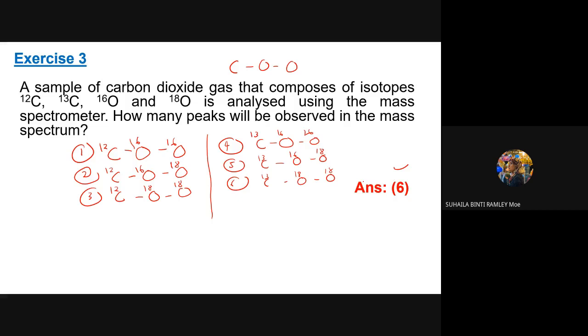Then we get the 6 peaks. For the solution, you just write these 6 combinations.